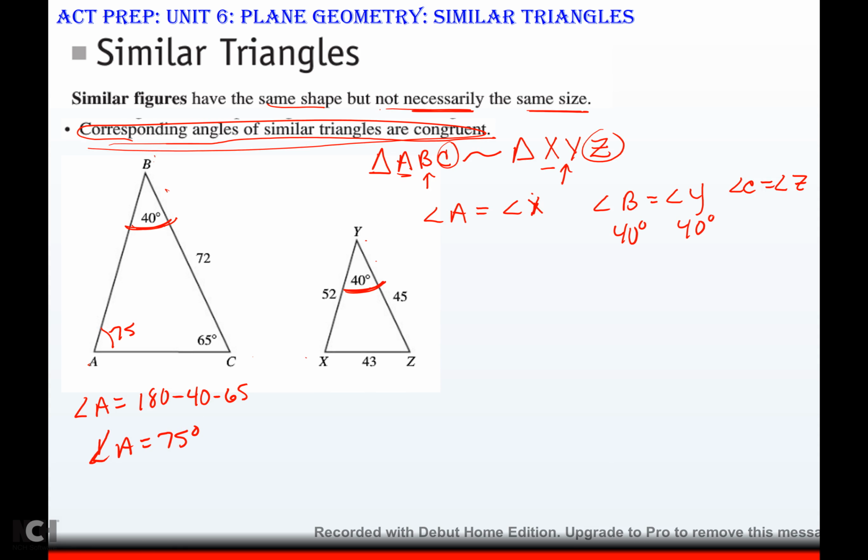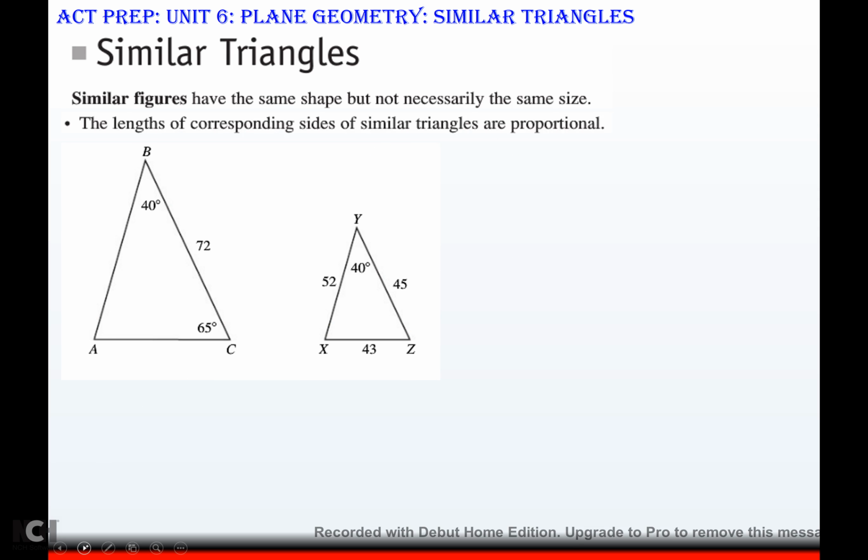So angle Y is 40, which is already given. Angle A I just figured out is 75 degrees. Since X is in the same position, angle X has to be 75 degrees. And since C and Z are in the same position, whatever C is, Z has to be. So since C is 65 degrees, then Z is 65 degrees. Okay?